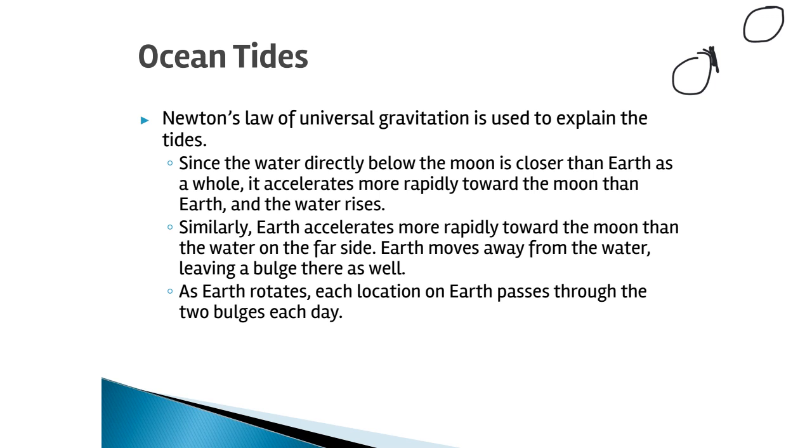The Earth is also going to accelerate more rapidly toward the moon than the water on the far side. And so the Earth moves away from the water, leaving a bulge there as well. And as the Earth rotates, each location on Earth passes through the 2 bulges each day.